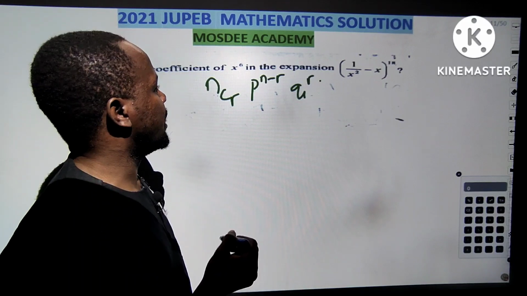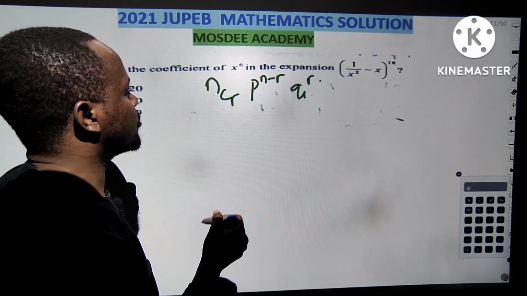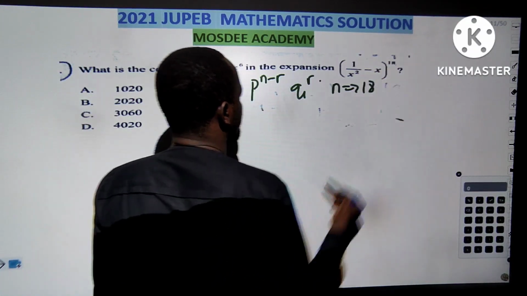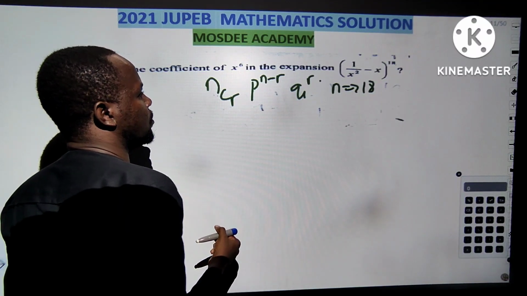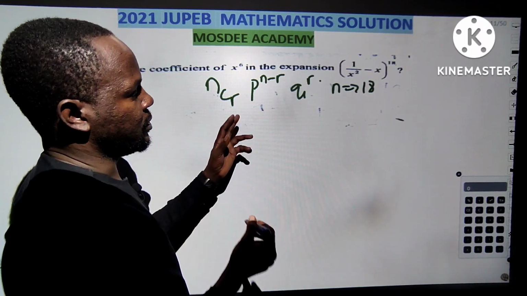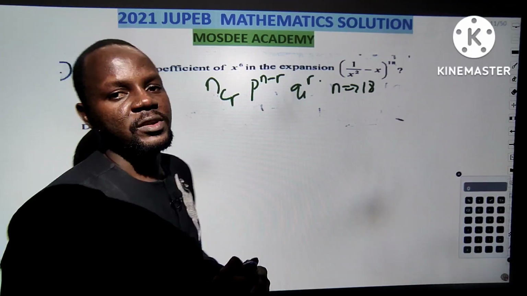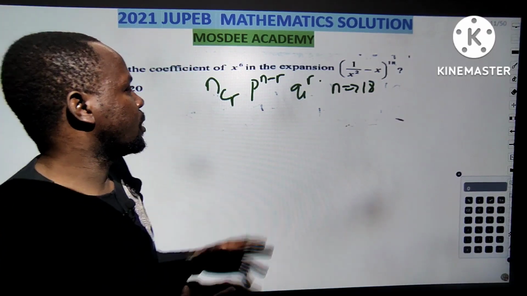So we can do that here and solve, because here n is equal to 18. Hope you guys know this formula, and if you don't know it, like I do say, it's always the first time to everything in life. So n is equal to 18.